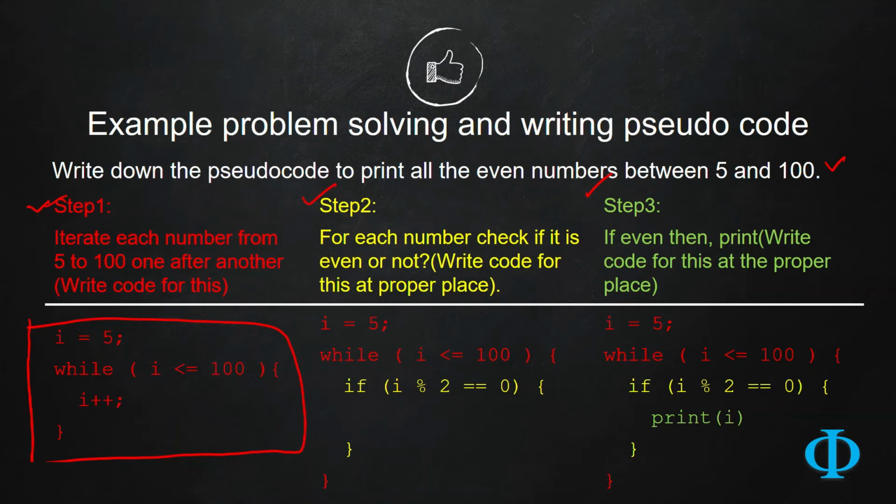Now once you are done with step 1, then move forward to write the code for step 2. And what is step 2? For each number you are iterating over, you have to check if it is even or not.